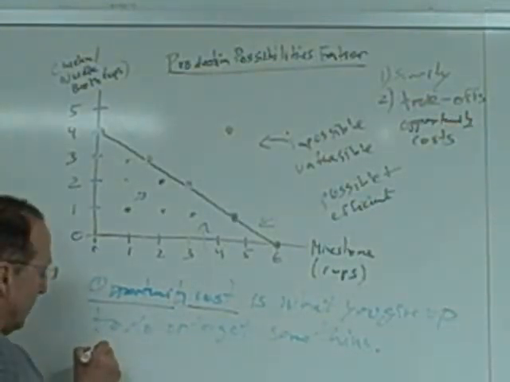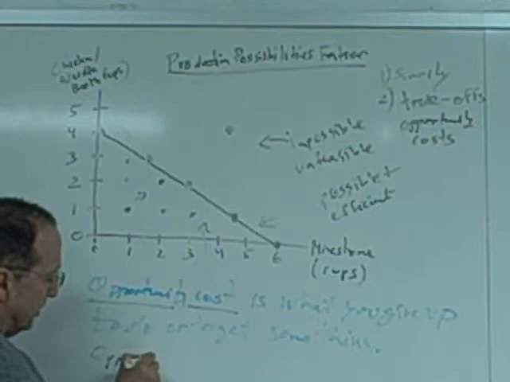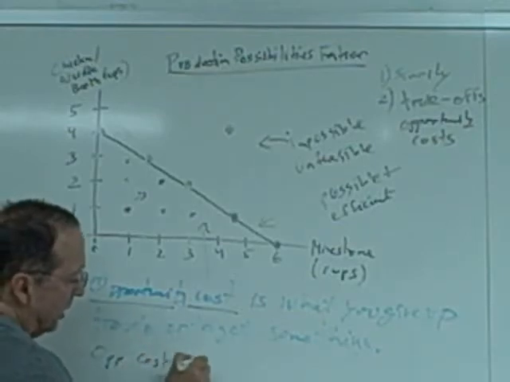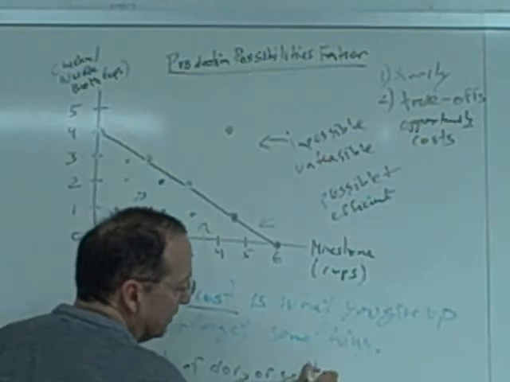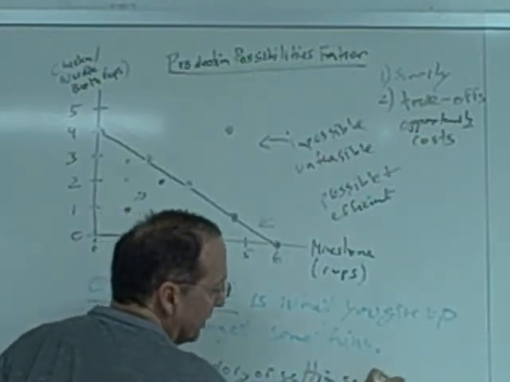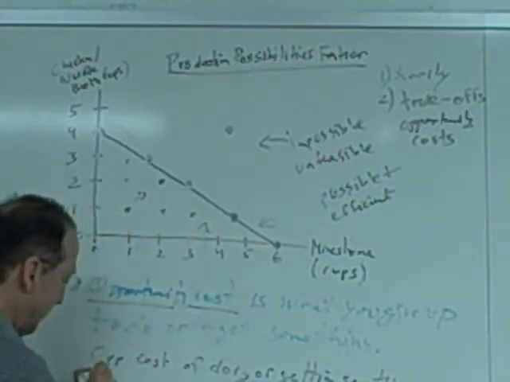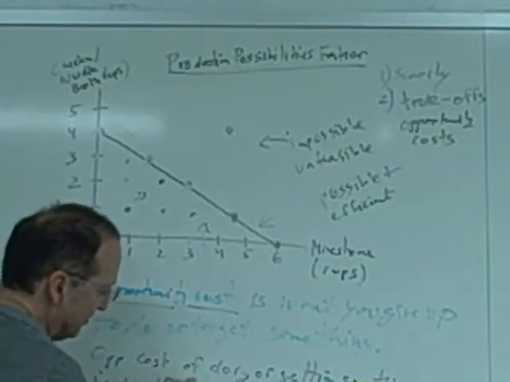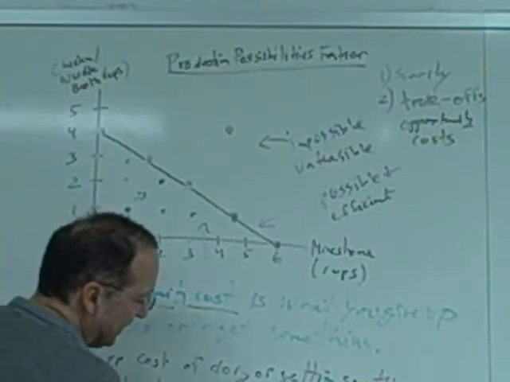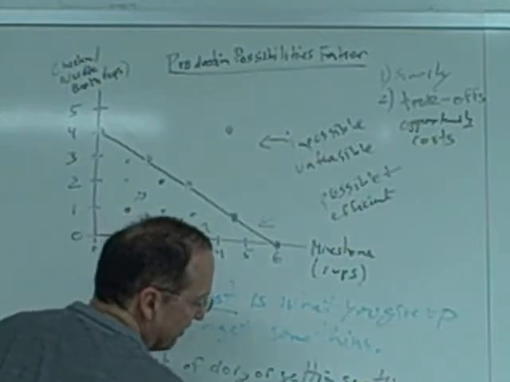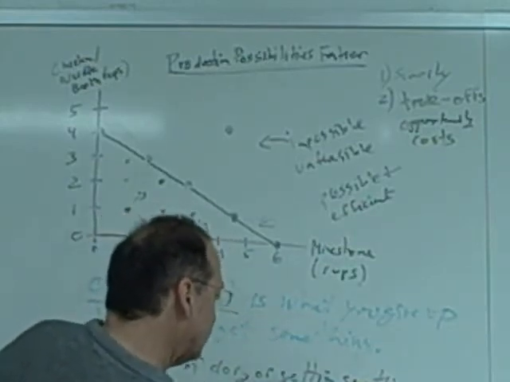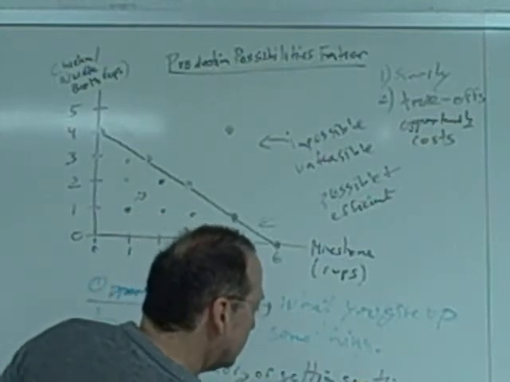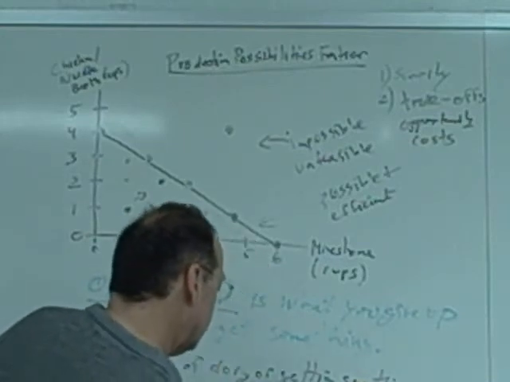So the opportunity cost of doing or getting something is the highest ranked alternative, however you spell that.